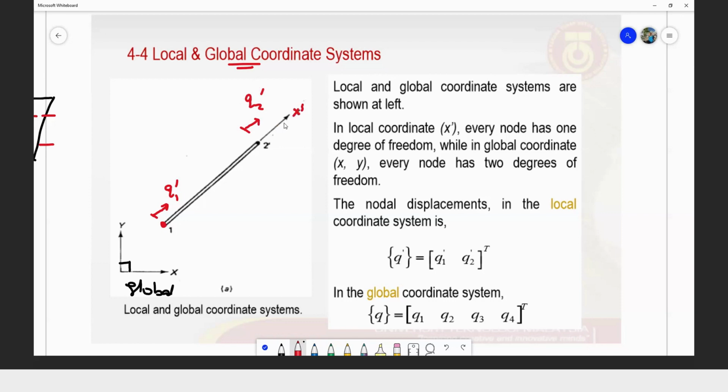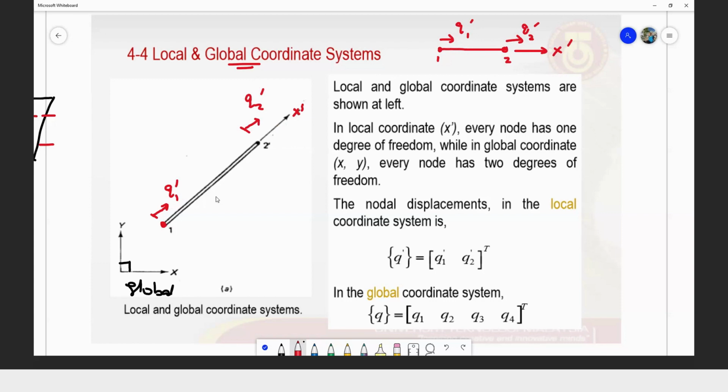Dia jadi macam bar problem jugalah. Dia jadi macam bar problem. Kita ada bar problem. So displacement in this direction kan. Let's say saya ambil x prime macam gitu. So saya punya 1 dan 2, q1 prime dengan q2 prime in that direction sahaja. So this is when we view this in local coordinate system. So displacement akan berlaku dalam arah situ.